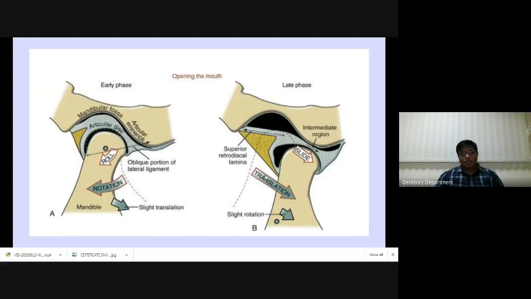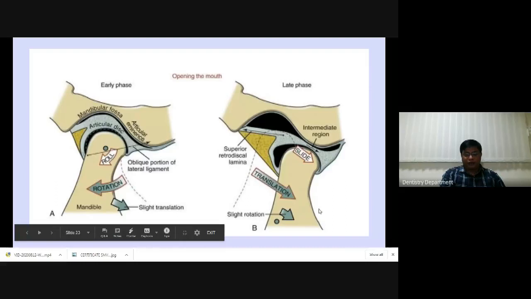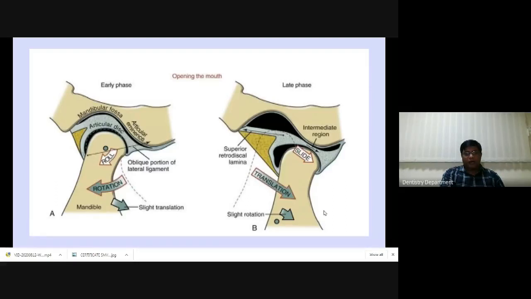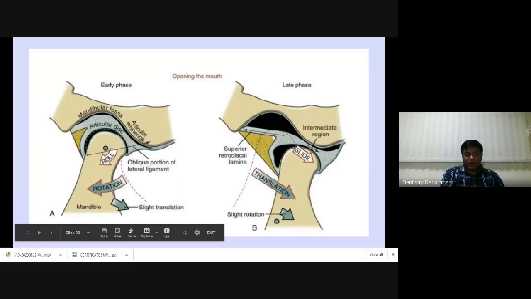One is hinge, that is rotation. Another one is slide, that is translation. So what happens in the early phase, when you open your mouth, is initially a rotation. Then in the later phase, when you cross around 20 mm of opening, the condyle translates.